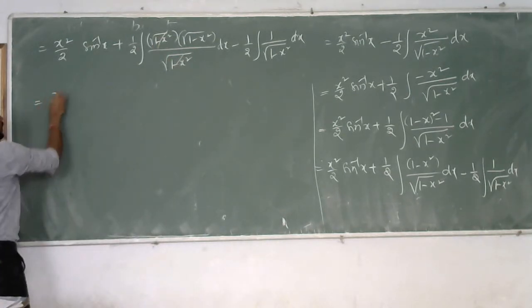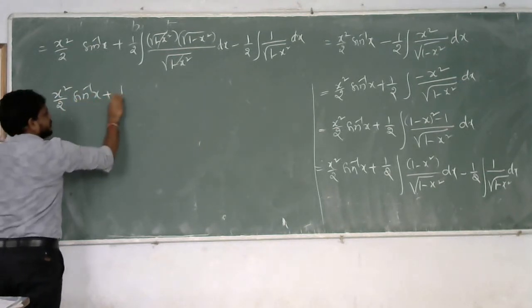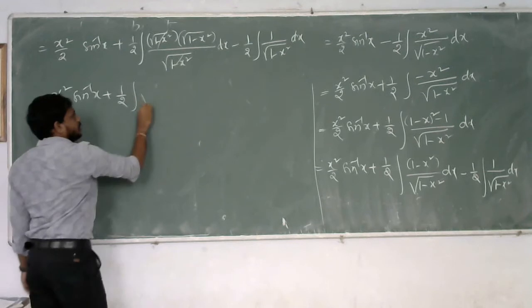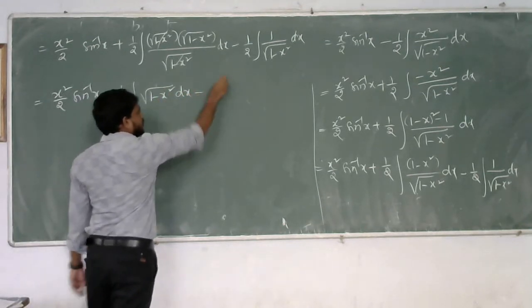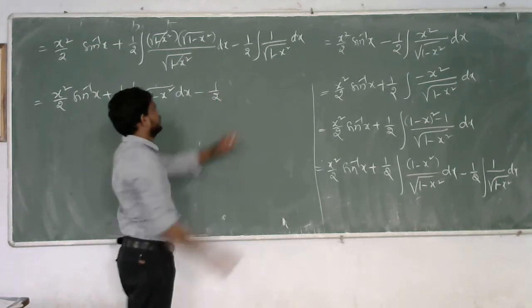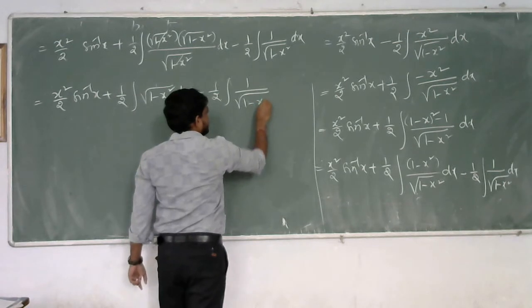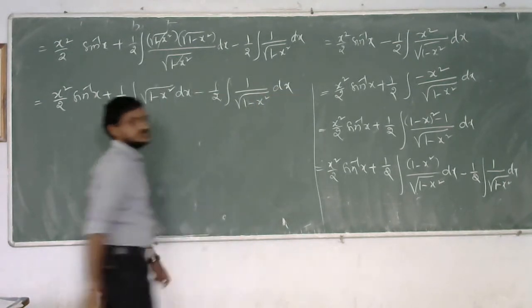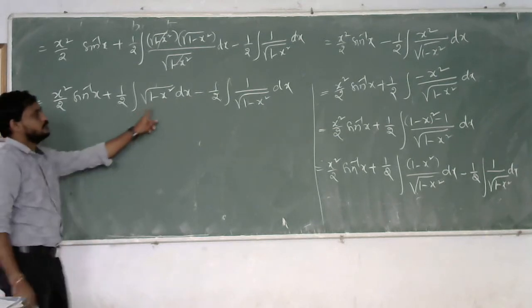Next, x square by 2 sin inverse of x plus 1 by 2 integral under root of 1 minus x square into dx. Here minus 1 by 2, the integral of 1 by under root of 1 minus x square into dx. Okay. Now here we have two formulas.